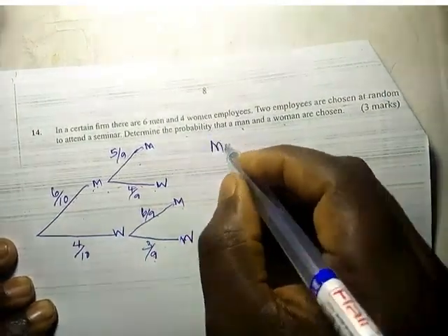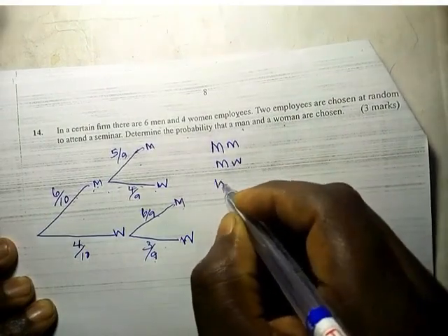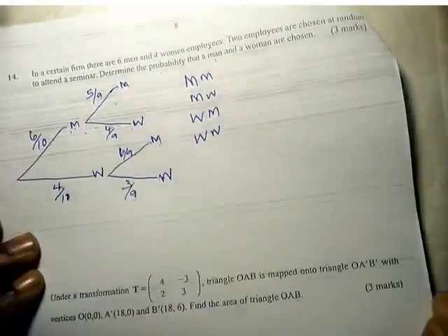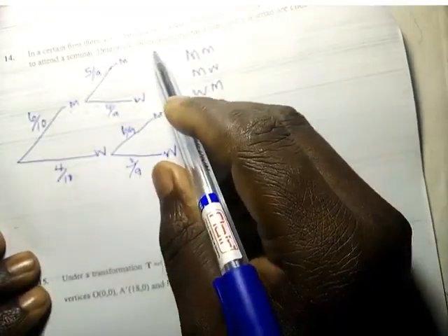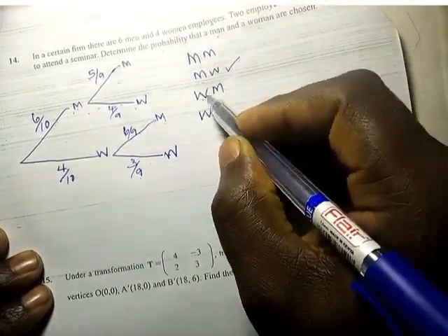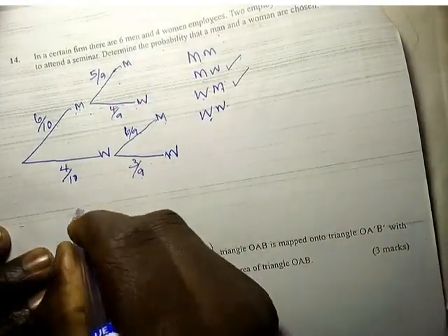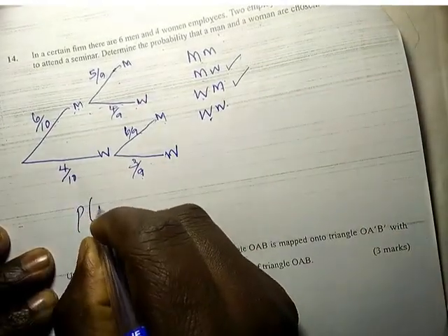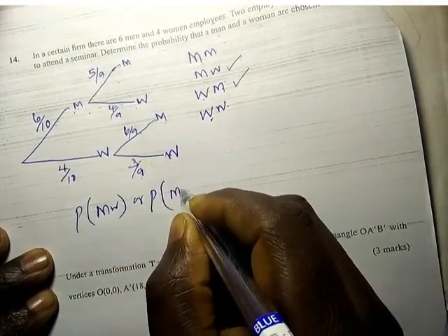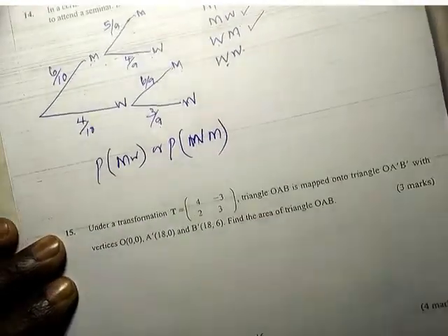So man, man, man, woman, woman, man, woman, woman. You are asked to calculate the probability that a man and a woman is chosen. So it is man, woman, woman, man. Not man, man, not this one. These are the 2 we want. So probability of a man and a woman, or a woman and a man, are chosen.